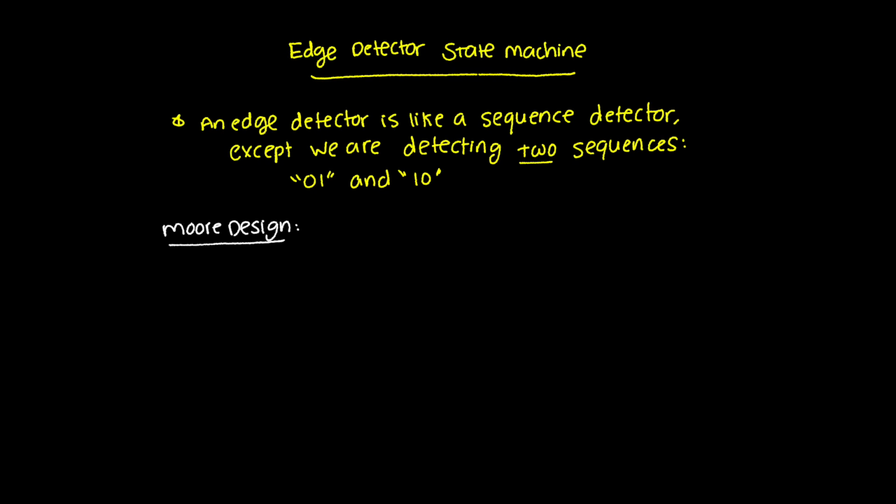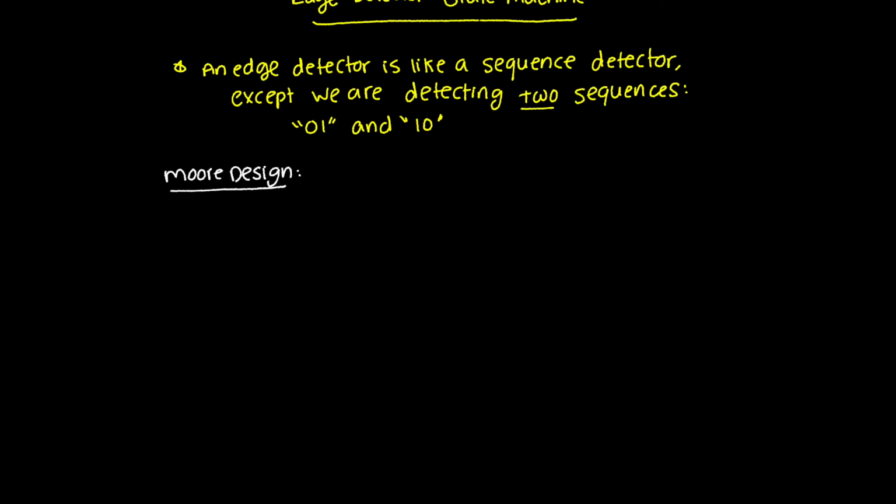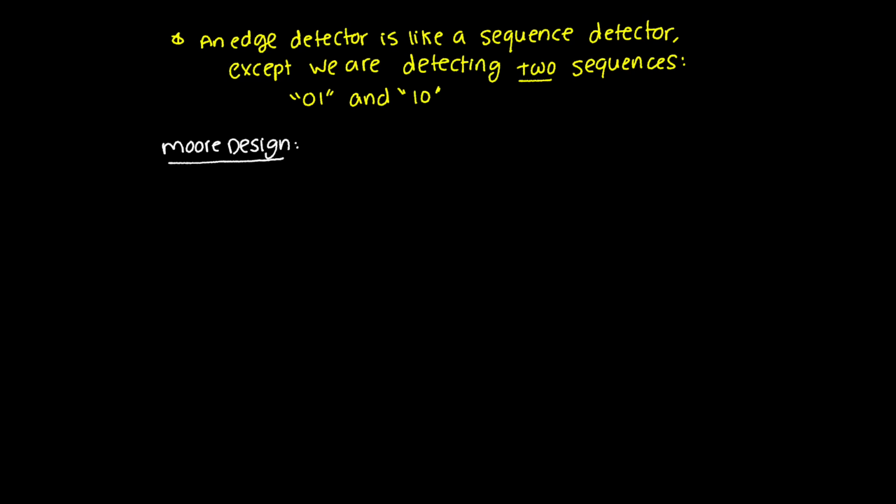So the first thing to note is that an edge detector is like a sequence detector, which we have done before, except in this case we're detecting two sequences, 0, 1 and 1, 0. So the Moore design is going to look like this. I'm going to have a start or idle state.